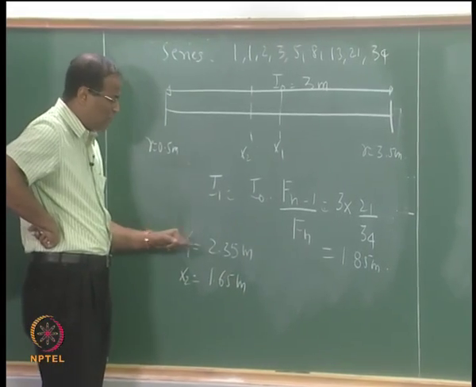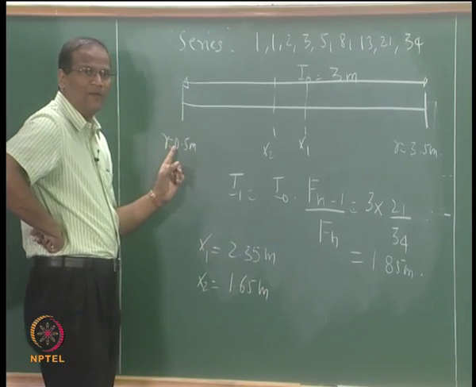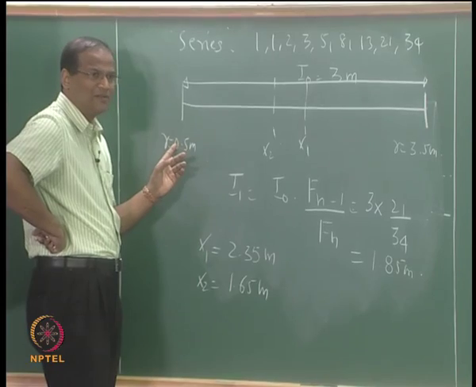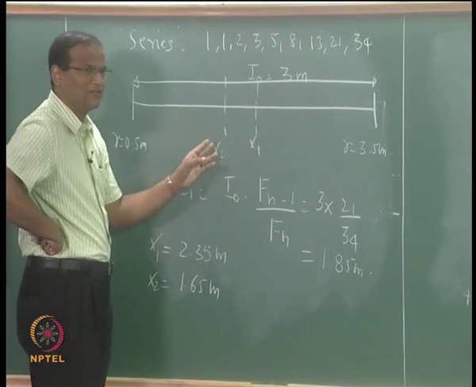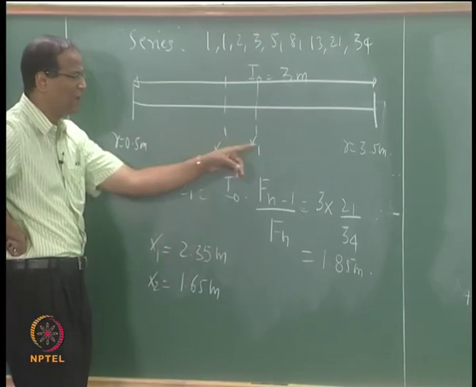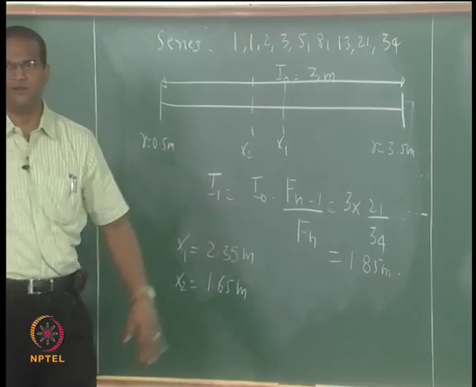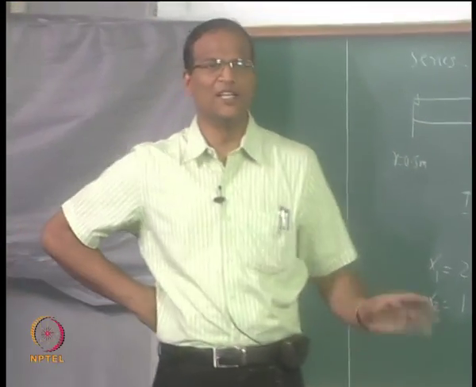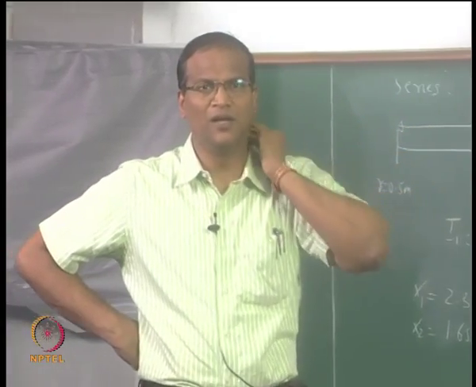Do not worry that x1 is more than x2. Our notation is whatever point is chosen from the left interval is x1, whatever is chosen from the right interval is x2. Use your common sense, do not get worried about whether x2 can be on the left of x1. If it is confusing, you change x1, x2 accordingly, but be consistent. Vaibhav, is it okay? Fine.